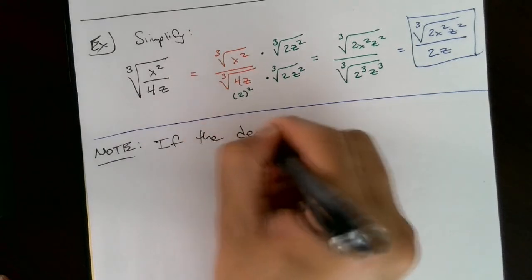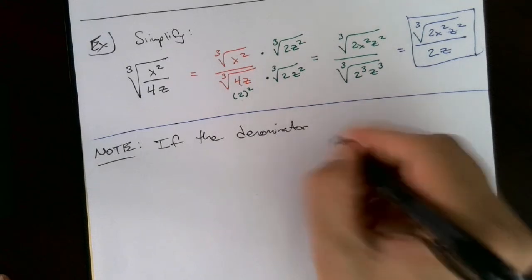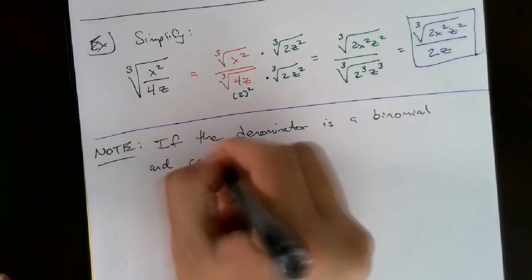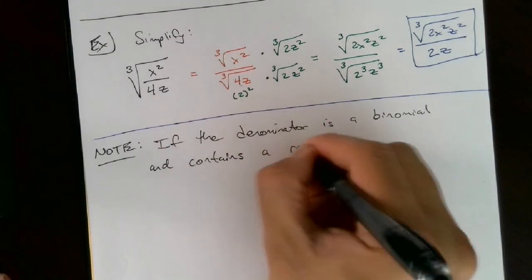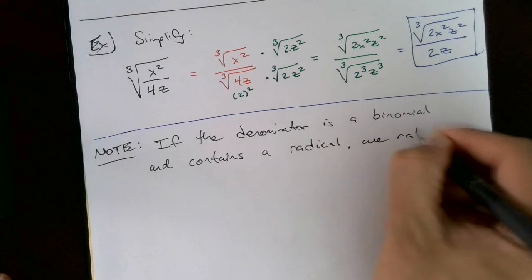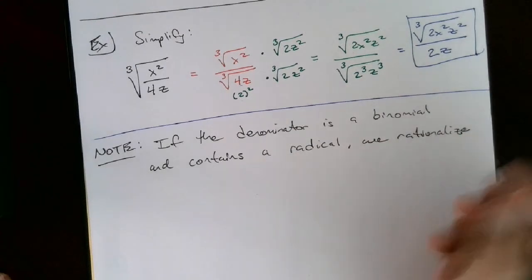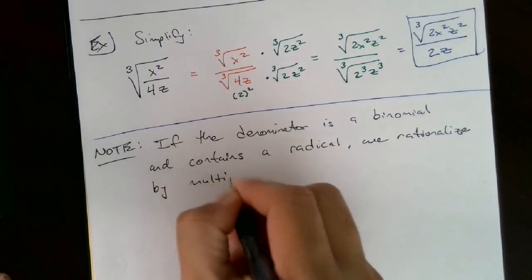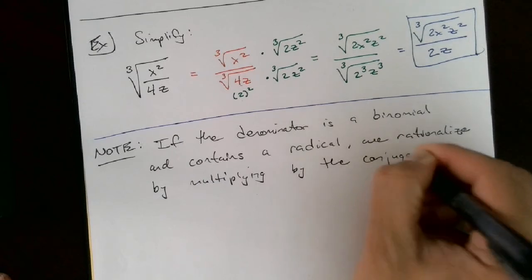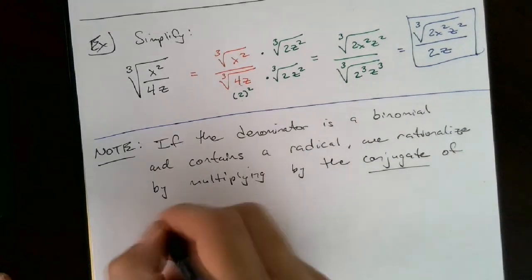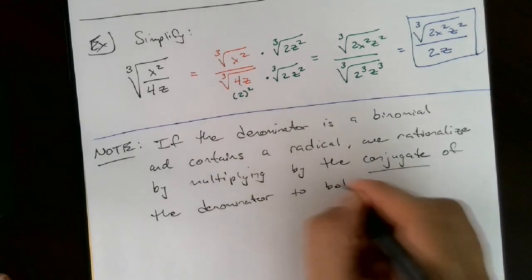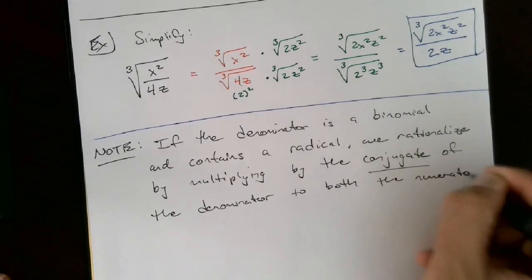If the denominator is a binomial, meaning two terms, and contains a radical, we rationalize by multiplying by the conjugate of the denominator to both the numerator and denominator.